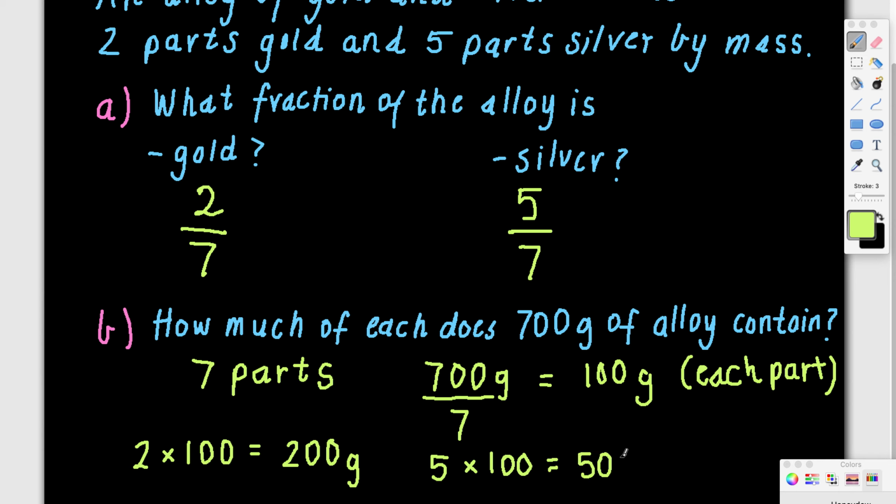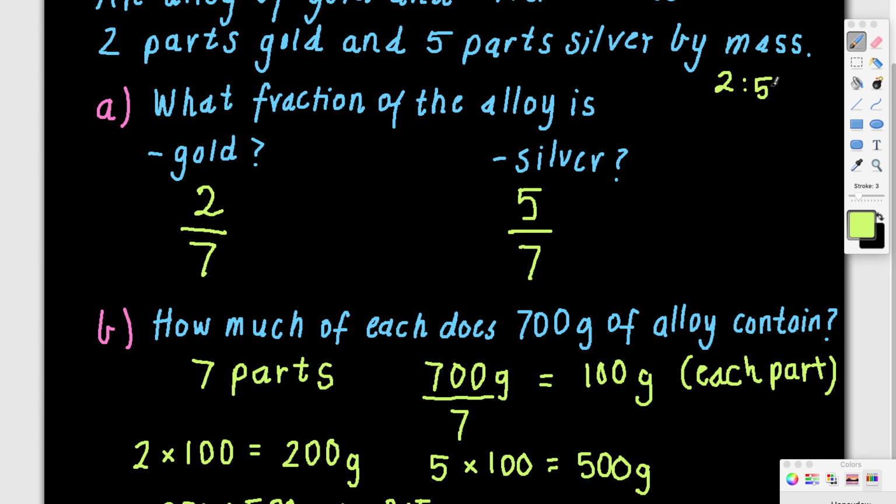Of course, when you add them together, you should get our 700 grams to begin with. And if we were to simplify 200 to 500, that would, of course, simplify to 2 to 5, which is what our original ratio was telling us. It was a 2 to 5 ratio.